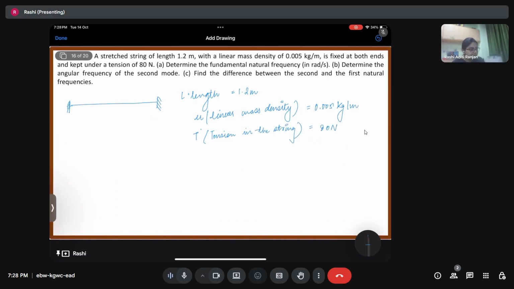And we assume N as the node number. Basically, N is related because you know that for a string, we have the frequencies as an integral multiple. So N is required in order to define the fundamental frequency, then the second mode, third mode, and likewise.